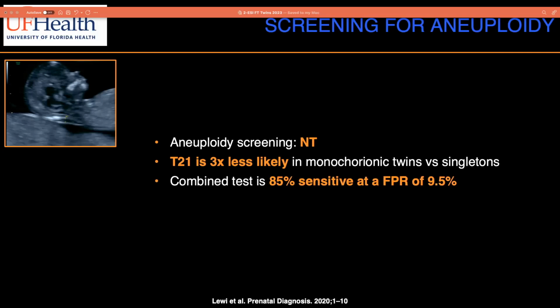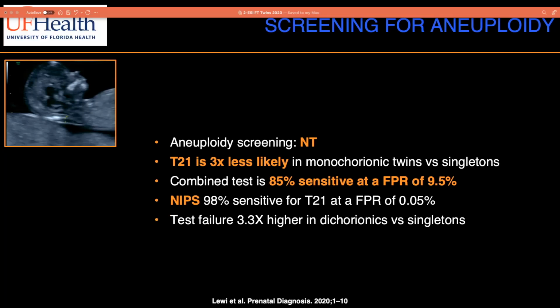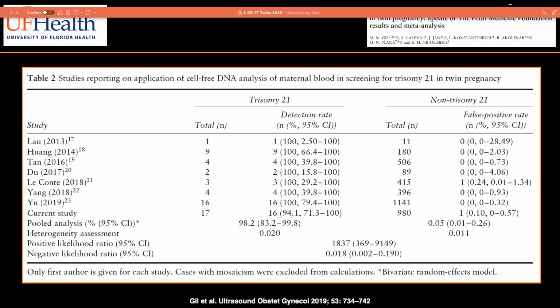Using the combined test, which in the era of NIPS is not something we're using as much, it does have an 85% sensitivity for a false positive rate of nearly 10%. NIPS is 98% sensitive with a false positive rate of 0.05 for trisomy 21, and I'll show some data for other types of aneuploidy. However, test failure is 3.3 times higher in dichorionic twins versus singletons.